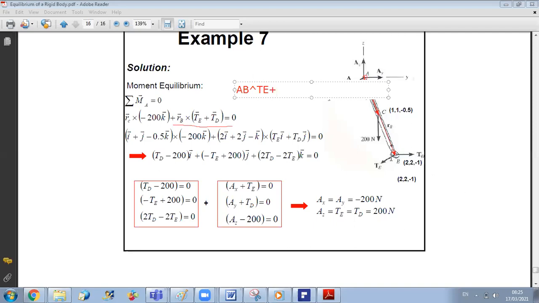Also for TD, the position vector is AB. So plus AB vectorial TD. Now, from the vectorial product calculation, when you have a vector in common, you can take it into factor. So you take AB vectorial. What do you have in common? TE and TD. So it's AB vectorial TE plus TD.